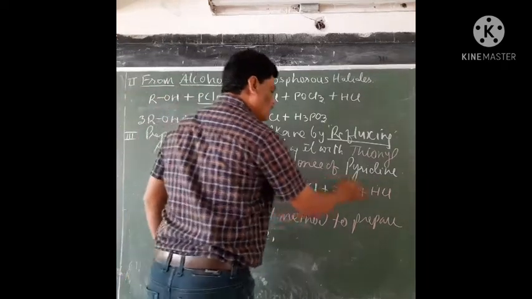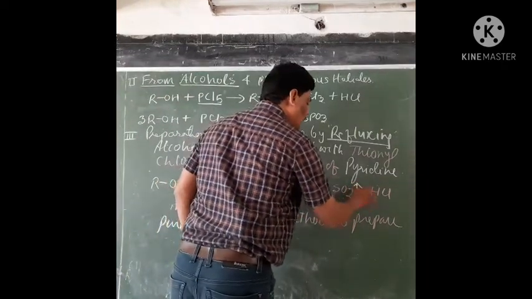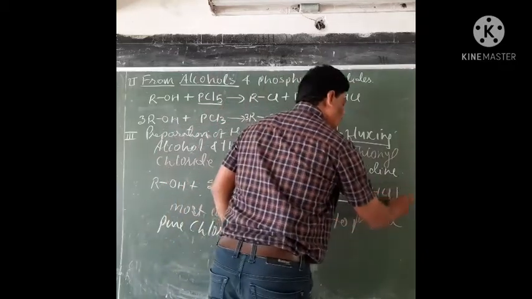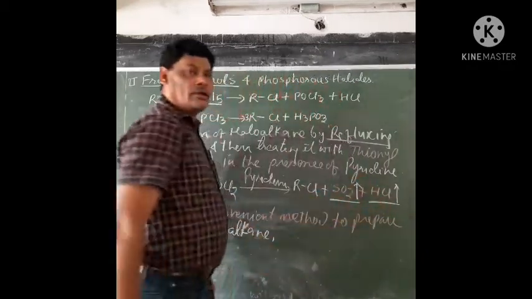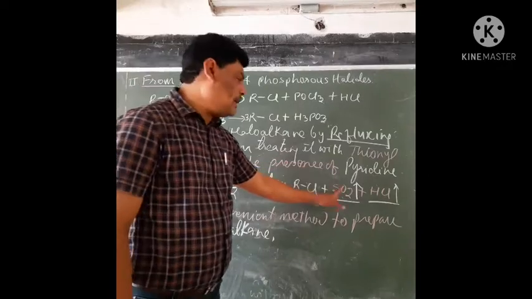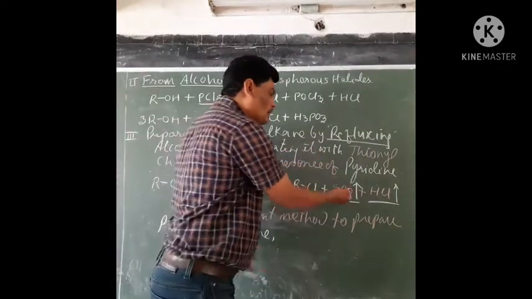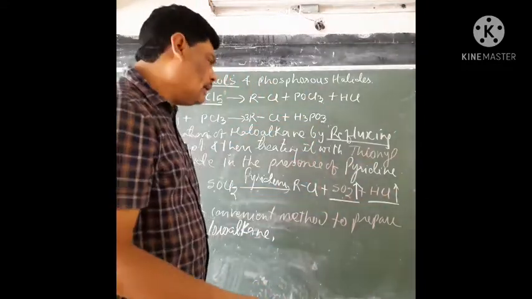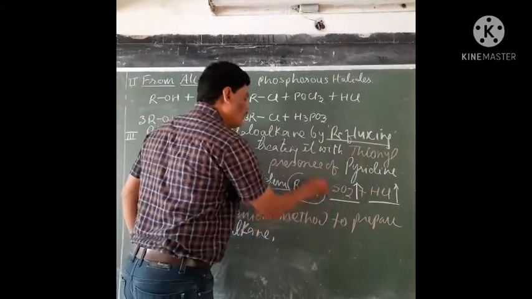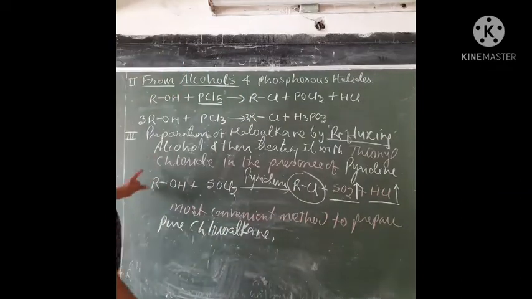It is because the two byproducts obtained, one is SO2 and one is HCl, are obtained in gaseous form, that is vapor form. So these byproducts evaporate quickly, therefore we get the pure RCl. Therefore this is the most convenient method for the preparation of haloalkane.